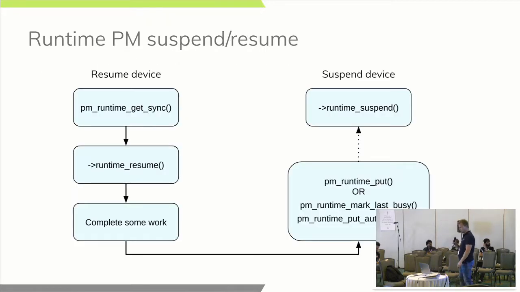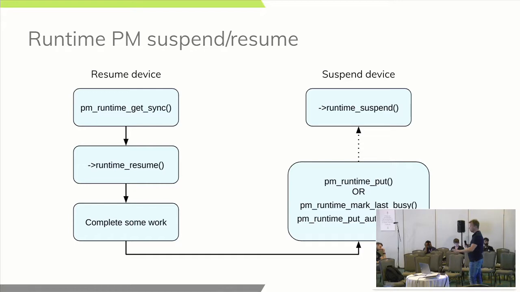So in the Runtime PM sequence, this is the typical scenario. At some point you have some work to do, and you want your device to be powered on, and then you call pm_runtime_get_sync. After that point, a callback is invoked for the device that allows you to resume or power on the device, more or less.